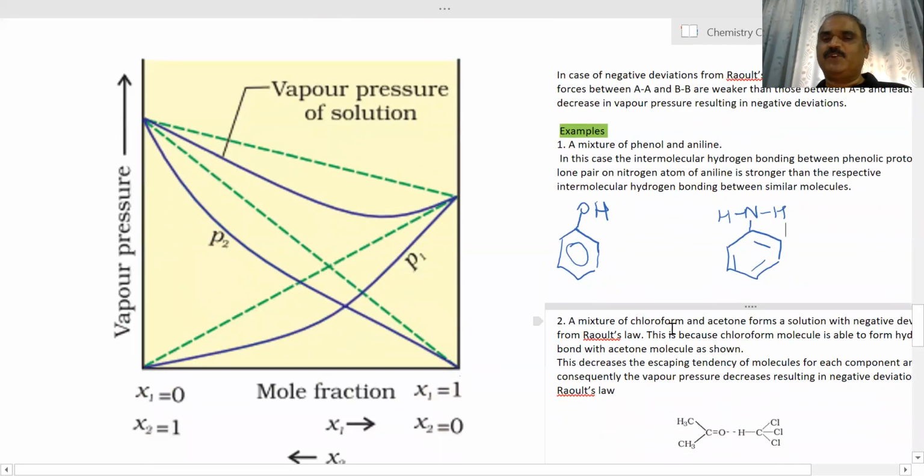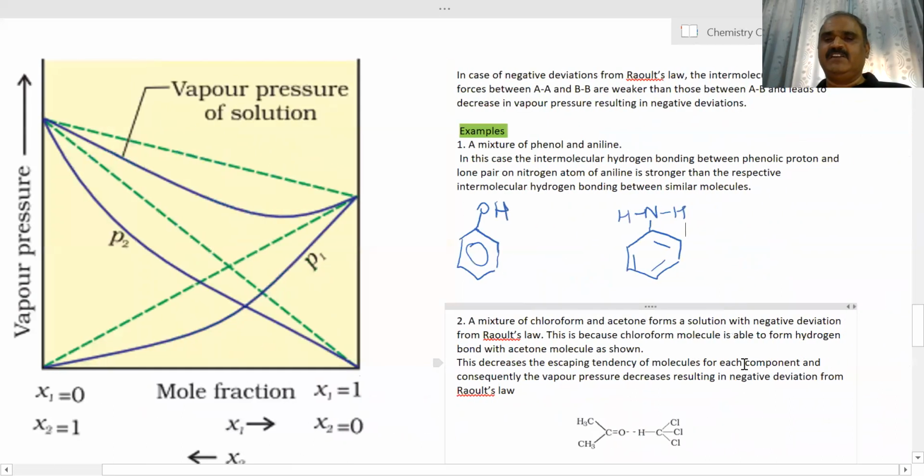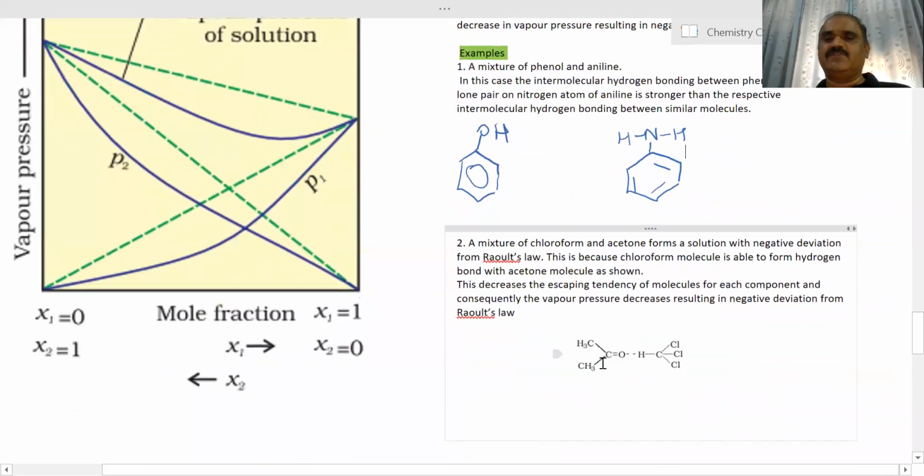A mixture of chloroform and acetone forms a solution with a negative deviation. See here, this is acetone, this is chloroform. When acetone is separate, it is held by dipole-dipole. Chloroform is separate, it is held by dipole-dipole. Chloroform is also a polar molecule.